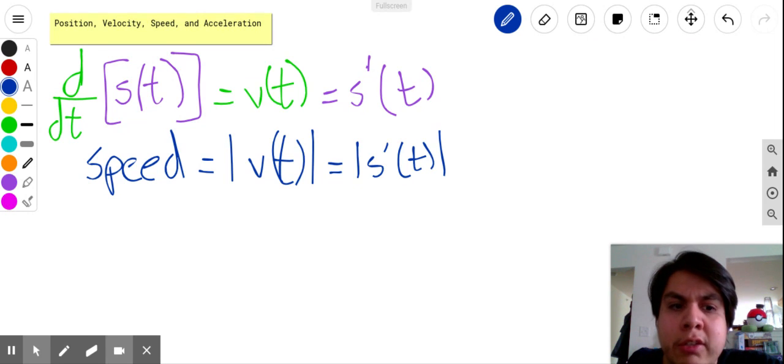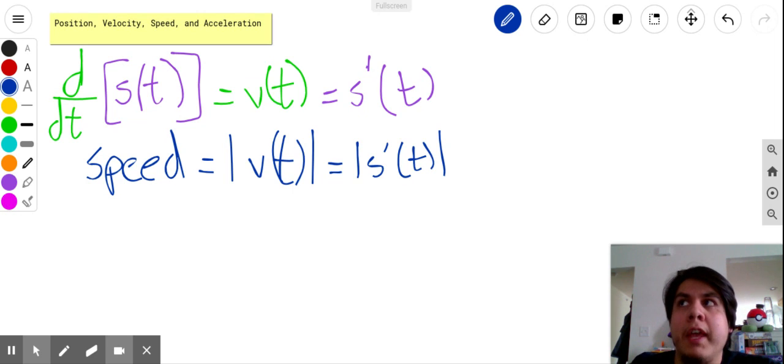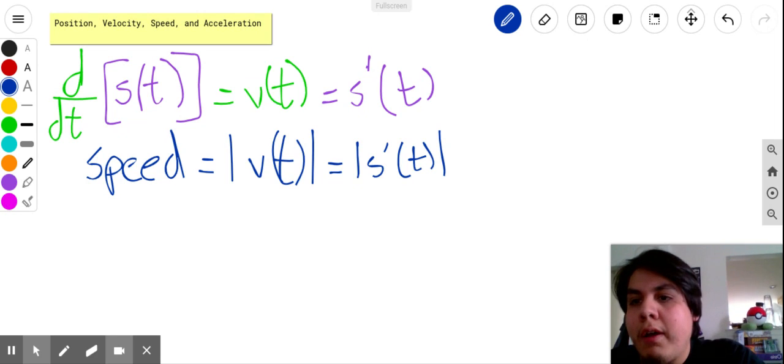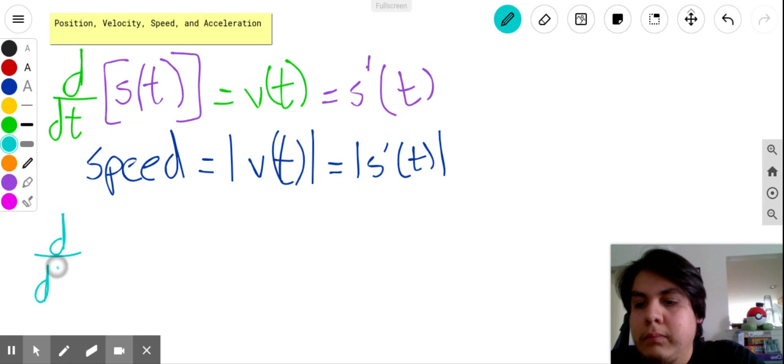So if I can take the derivative of position to get me velocity, then what if I take the derivative of velocity? All right. So again, using the operator of the derivative with respect to time, but this time we're going to take the derivative of a velocity function.